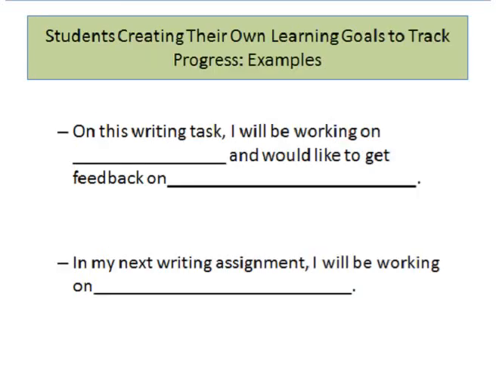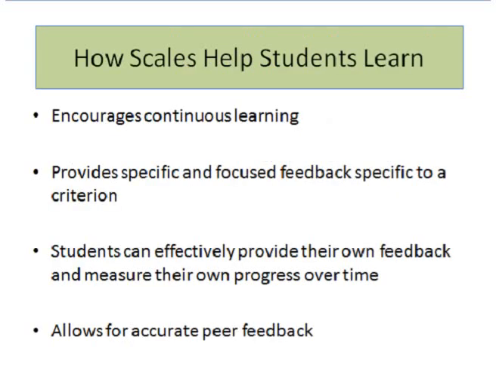Here's an example of how a student might set their own goals. Scales not only help teachers track progress, but they can help students take a locus of control of their own learning. We're now going to look at a clean room scale and think about how this applies.